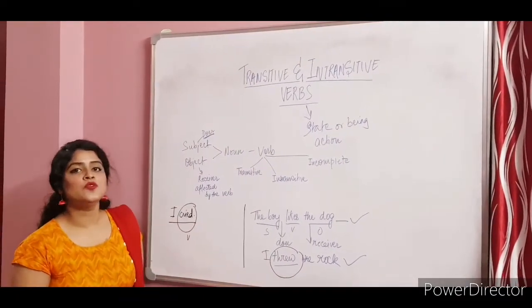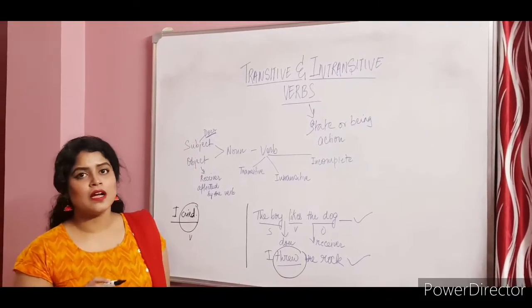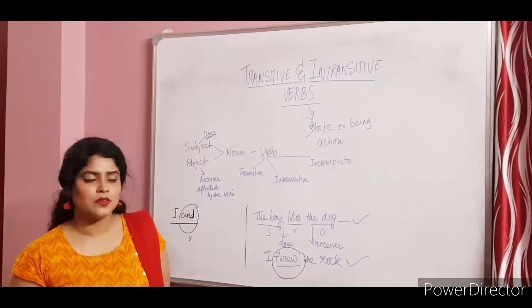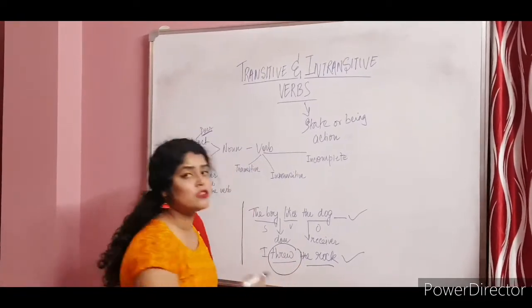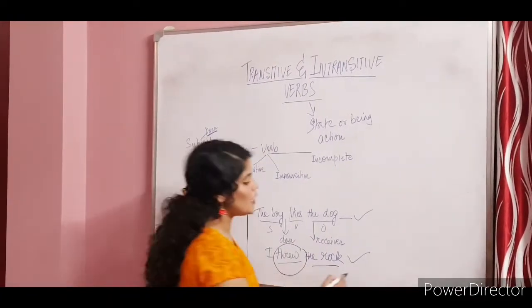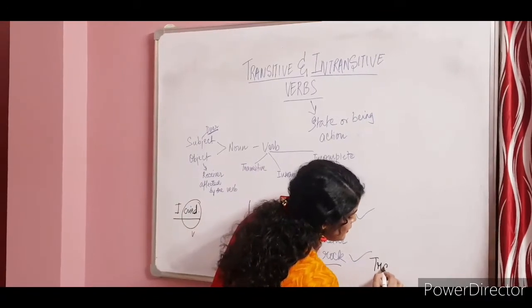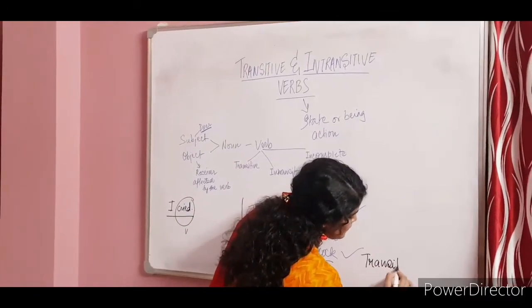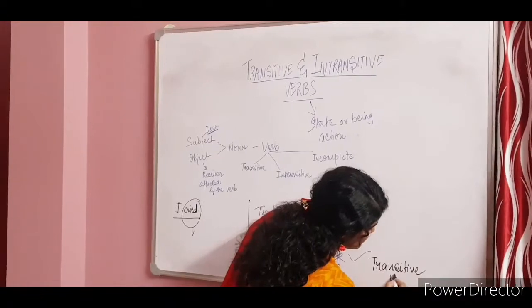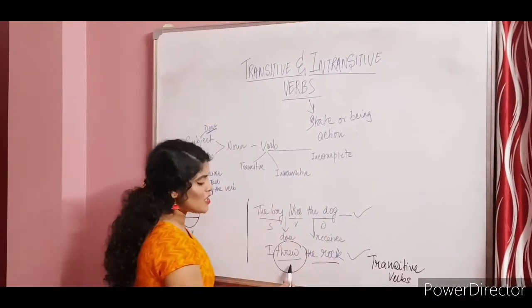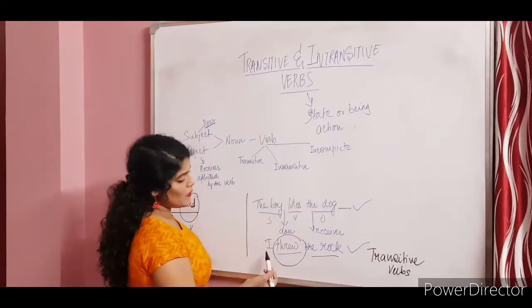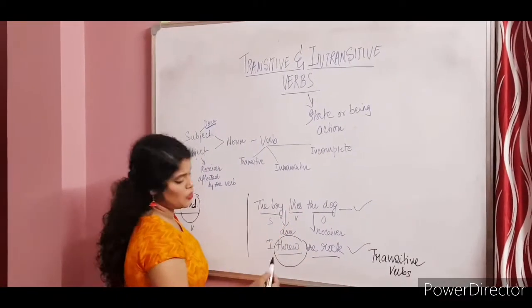Now, here we come to the definition of the kinds of verbs that I have talked about. Verbs that require an object to complete the meaning are known as transitive verbs, simply because the action that the subject is doing is being transferred to the object.